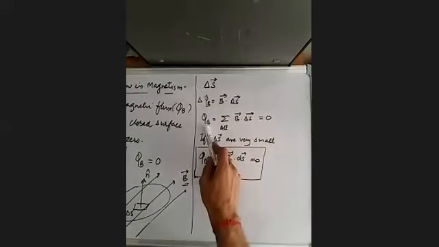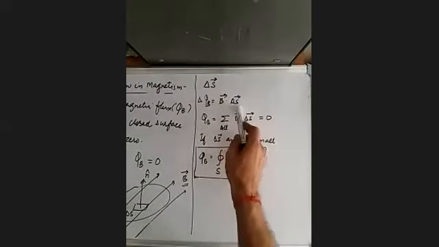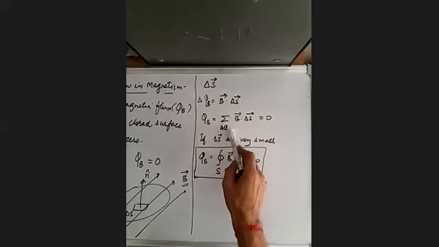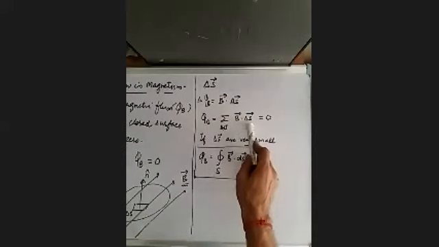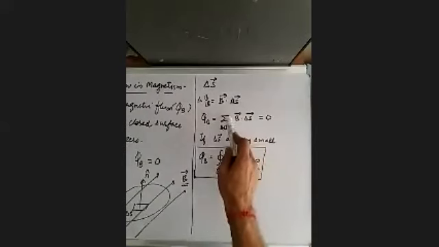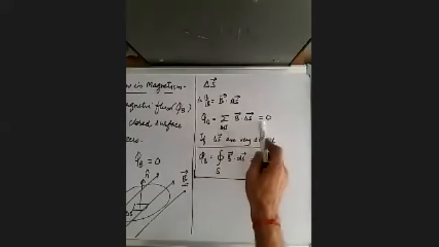Total flux will be equal to the summation of all these small element fluxes. So the summation of B dot delta S over all the elements, by definition, is equal to 0.